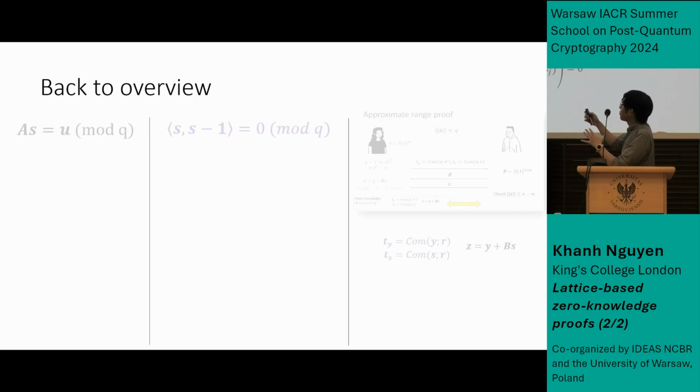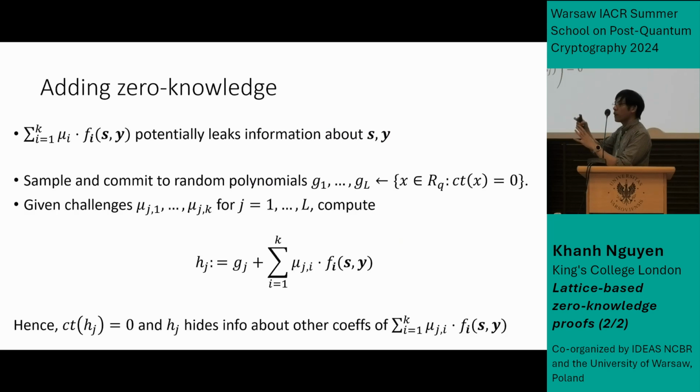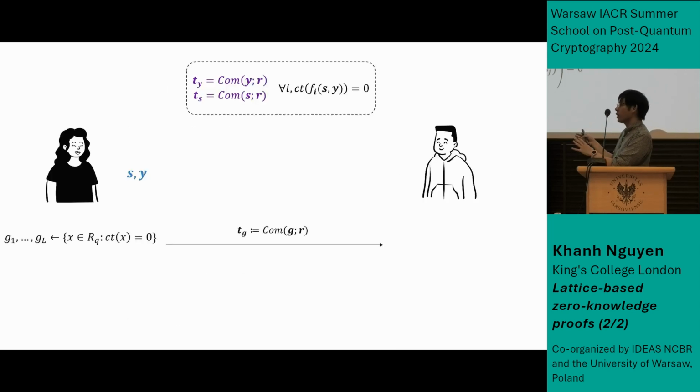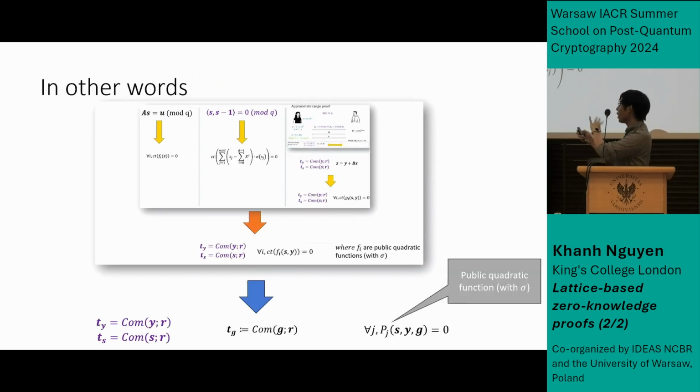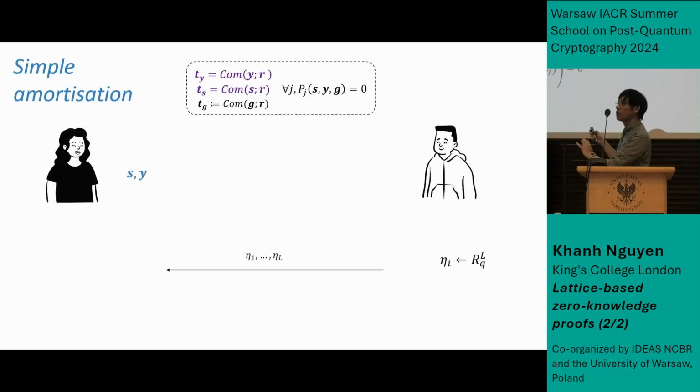Oh, this approach was to map the equation over ZQ to an equation over RQ. And now we are already in RQ everywhere. So now what we have to prove are these quadratic equations over RQ. Does it make sense?